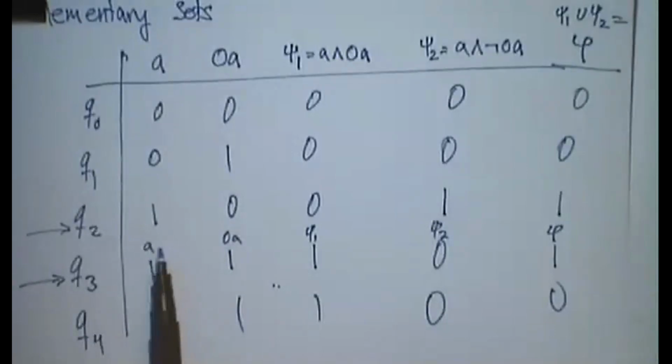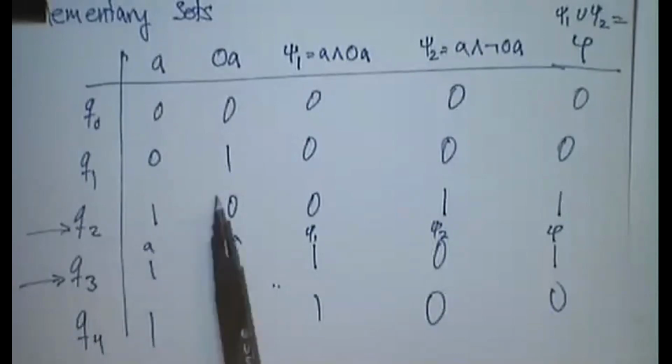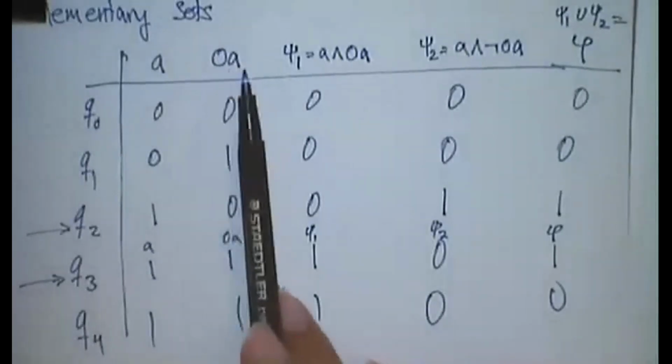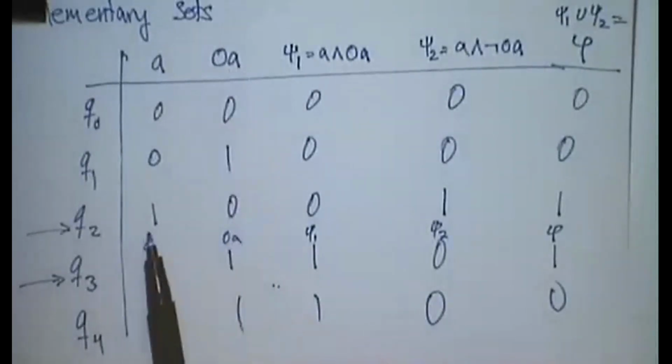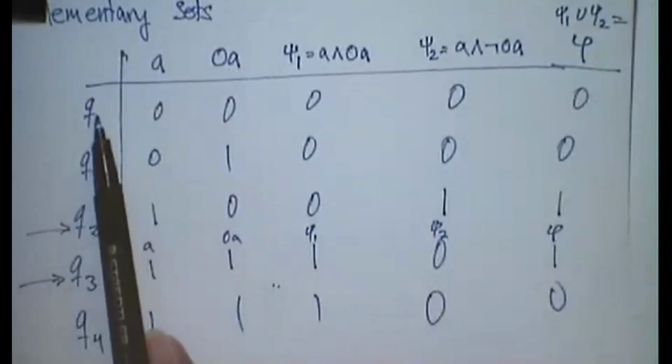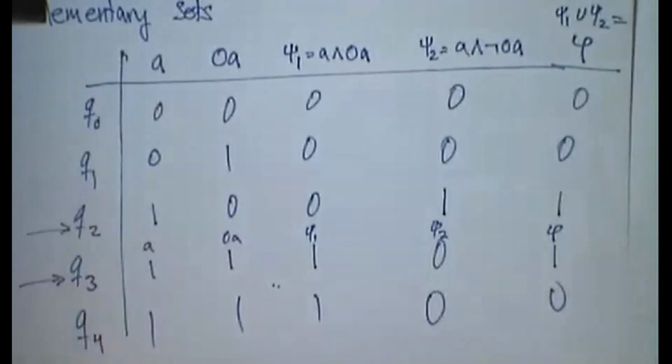Okay, so that's for the labels, but I should not satisfy next A. So I can only go to successors that do not have A. So I can only go to Q0 and Q1, right? Okay, but can I go from Q2 to Q0? Can I go from Q2 to Q1?